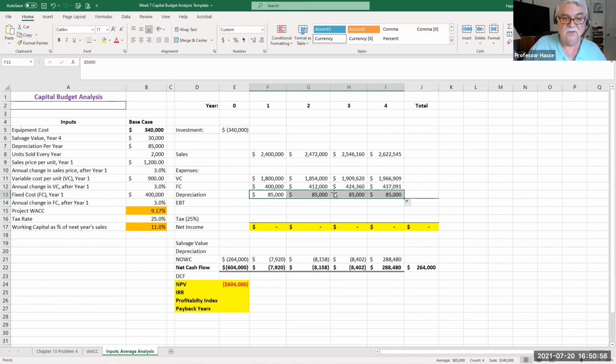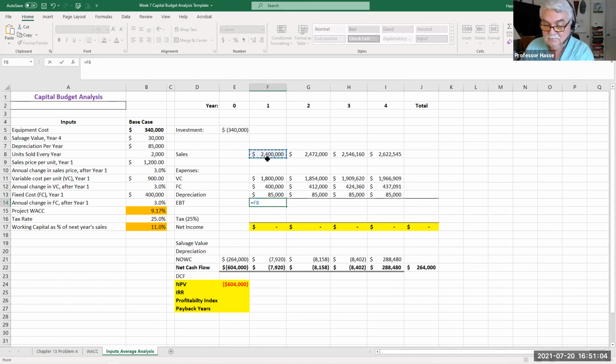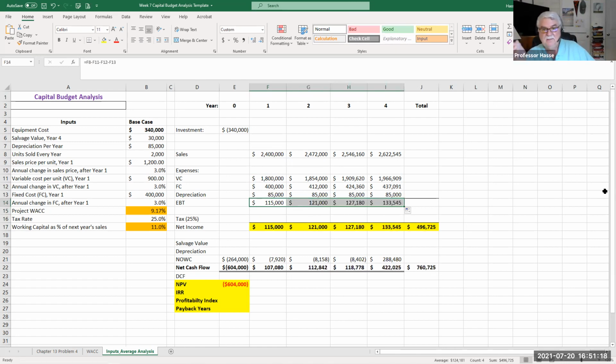So what is our earnings before taxes? All right. We're going to take our sales and minus out variable costs, fixed costs, and depreciation. And there's our earnings before taxes. We're going to copy that all the way to year 4, doing that same formula over the 4 years. And there's our earnings before taxes.